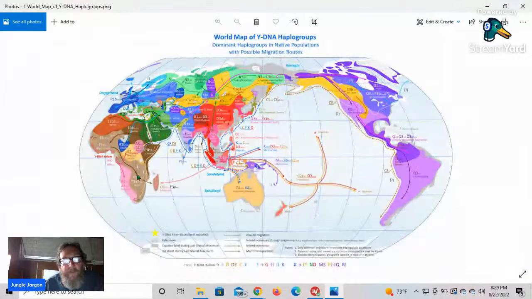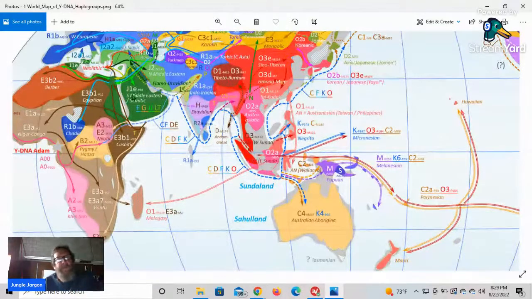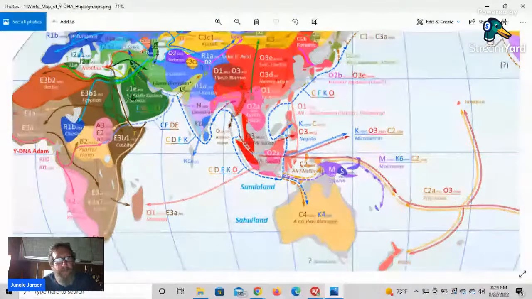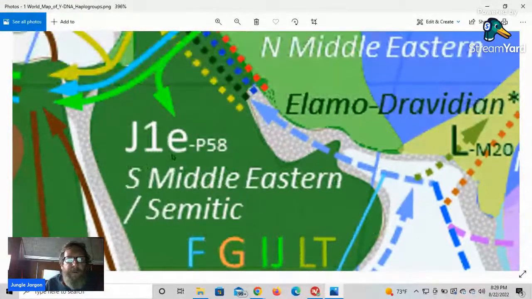So anyway, besides the fact that the Cohen modal haplogroup is J1, the descendants of Aaron, Levi, Moses' brother, is J1. So that's two confirmations.